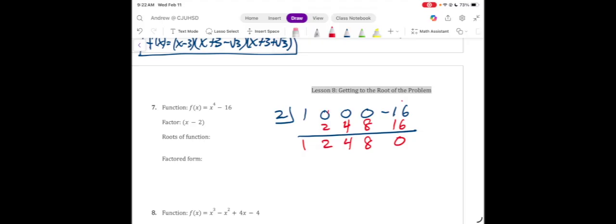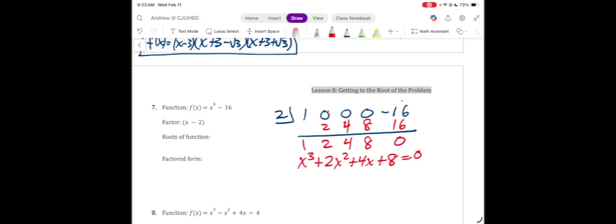So now we have x cubed plus 2x squared plus 4x plus 8 equals 0. Now, what is another number that would divide into there evenly? It's not immediately clear what that number might be.